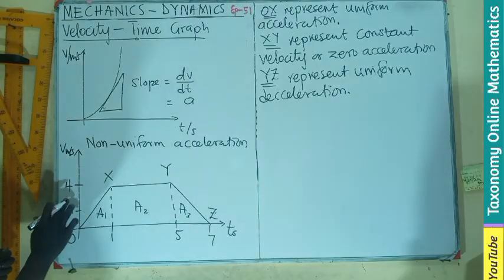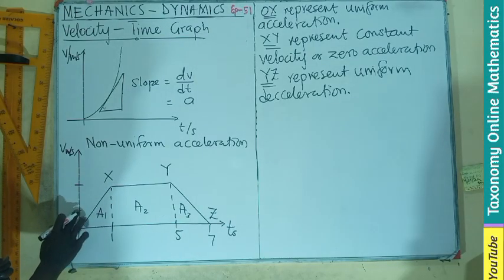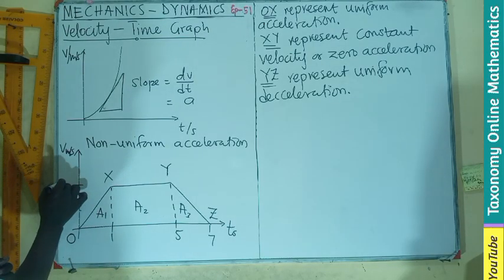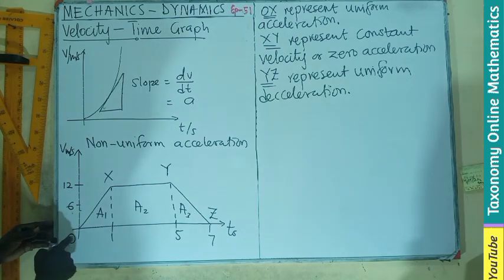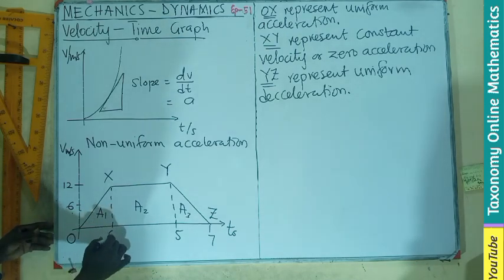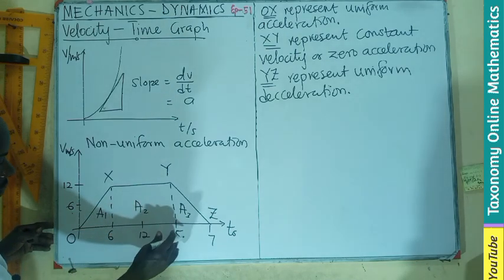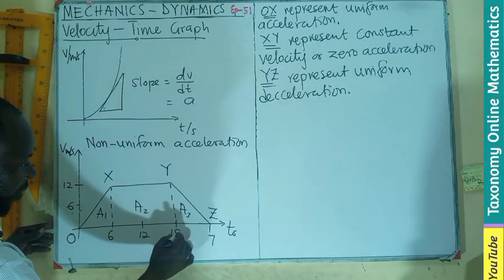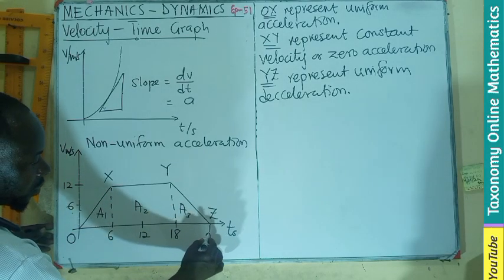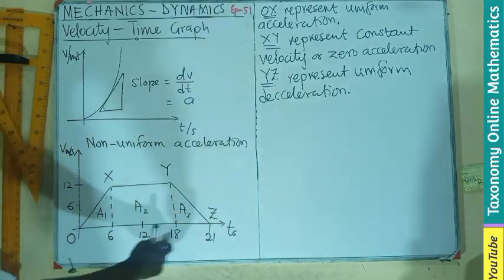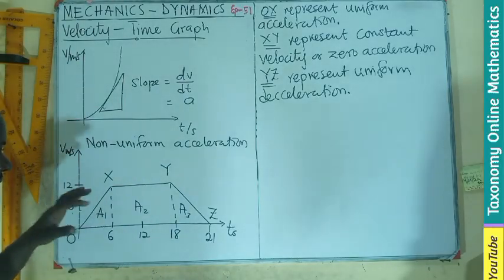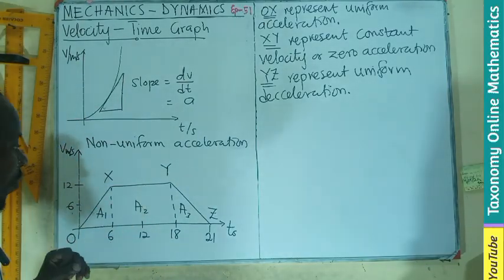Let's iterate this a bit and see. Let's say we put this as intervals of 6, with 0, 6, 12, and let's say we have 18, 21. So look at this. This is going to be a different diagram we are working with.